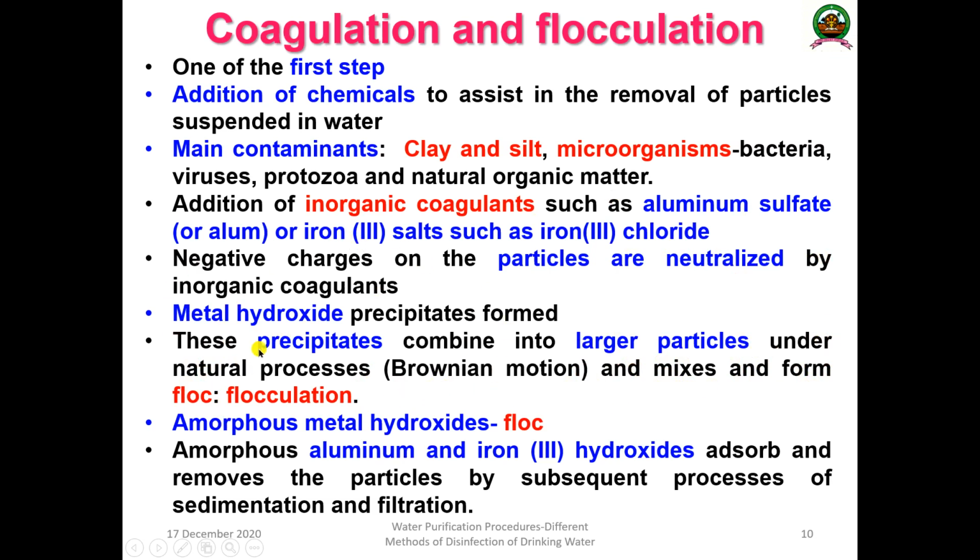What do we mean by flocs? When the metal hydroxide precipitates the larger particles, it forms an amorphous metal hydroxide, that is known as flocs. This amorphous aluminium and iron hydroxide absorbs and removes the particles by the subsequent processes of sedimentation and filtration.